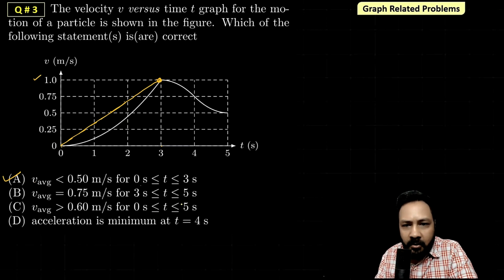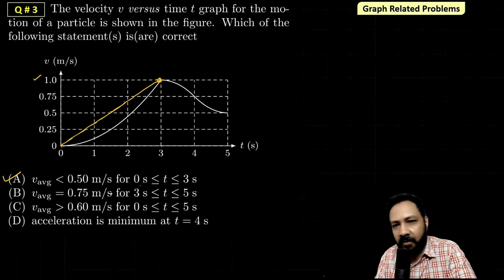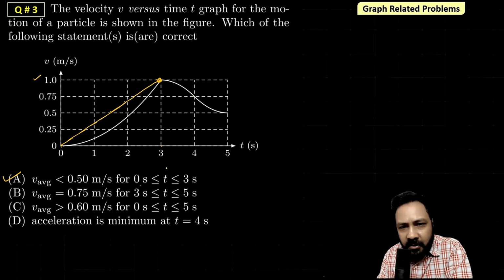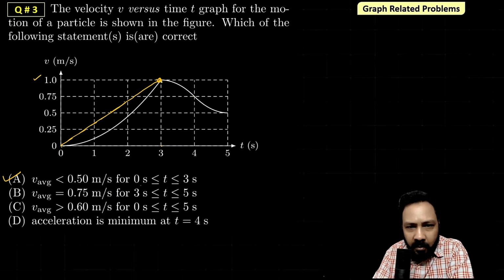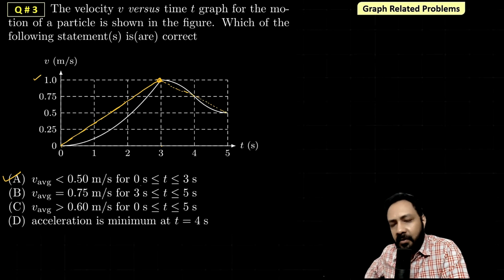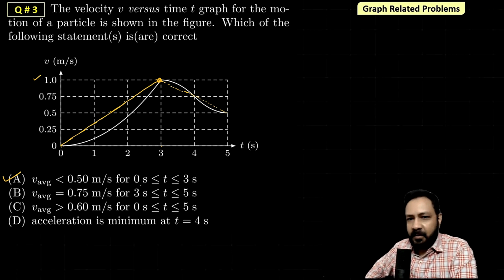And then from 3 to 5, you can see here, the average velocity, they are saying, is 0.75. If I draw a straight line like this from here to here, the area under the VT graph gives me the displacement.